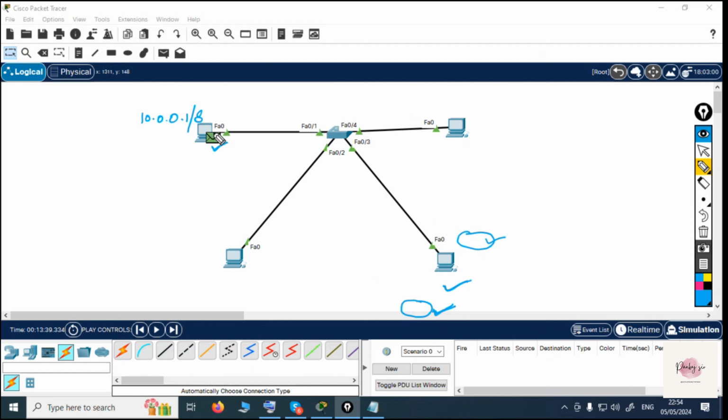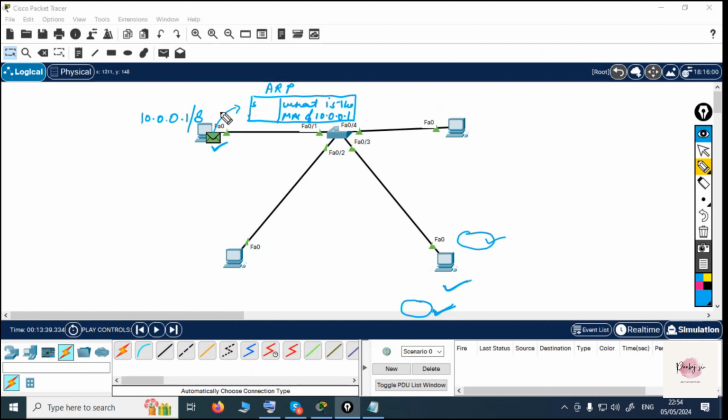Now let me send an ARP request: what is the MAC of 10.0.0.1?